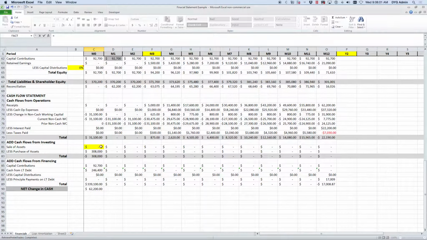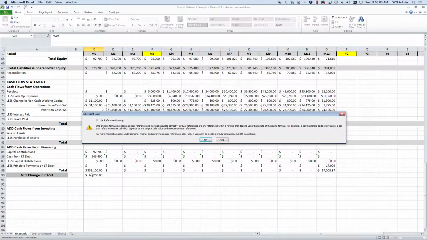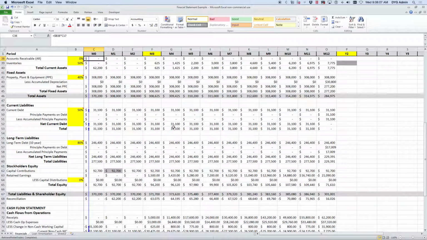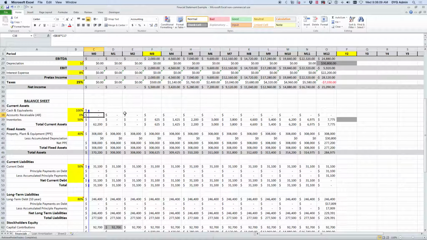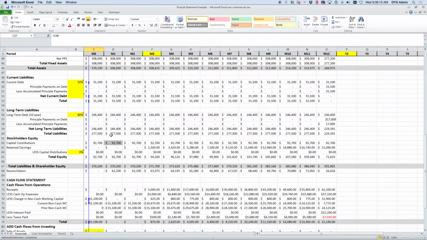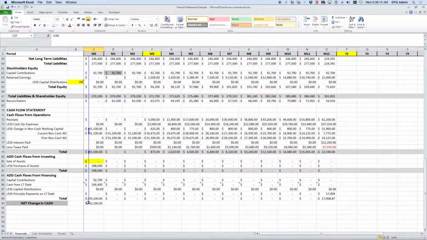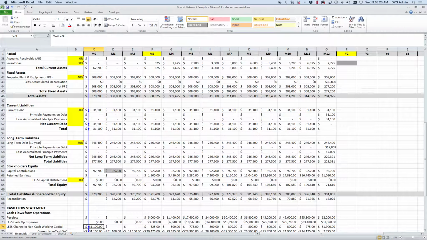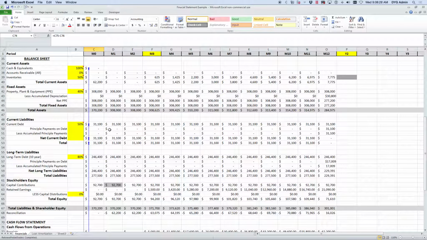Equals, based on our cash flows, we got 6220. And it says, I don't like that reference. All right, so what's going on?